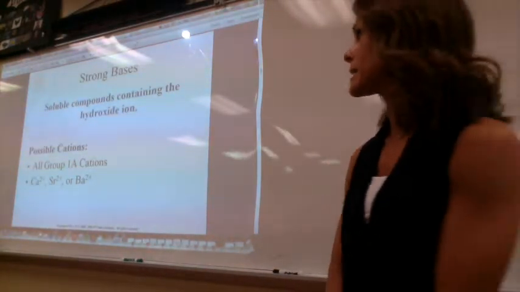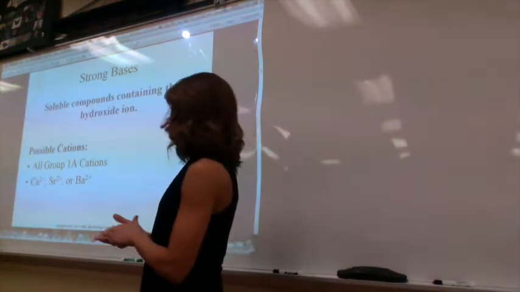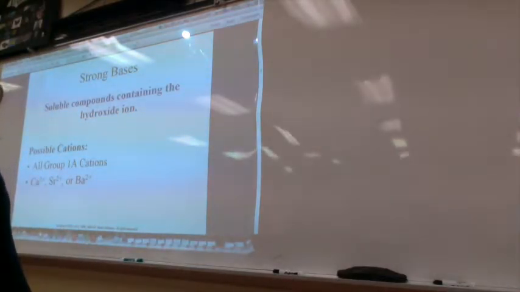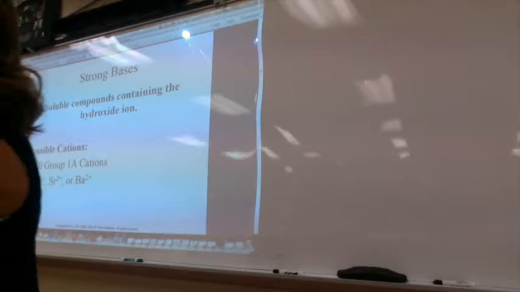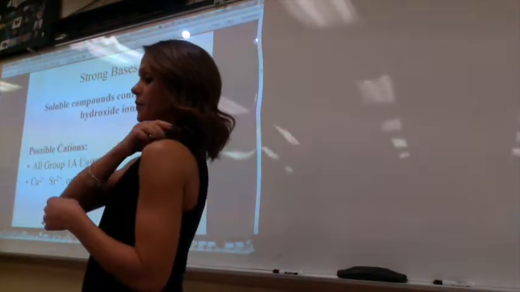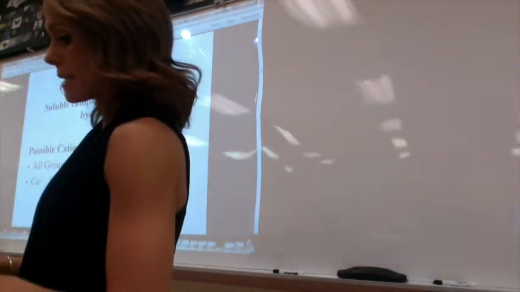All right, strong bases. So you could write on the opposite side, but this is not super hard to recognize. A strong base is anything that has hydroxide with a group 1 element, calcium, strontium, or barium. These are our general ones that we say are strong bases.